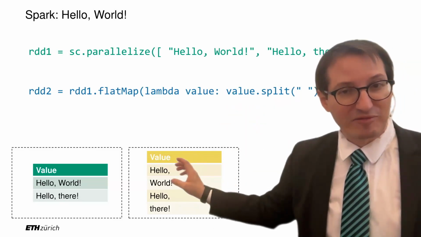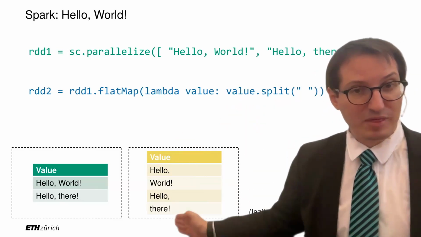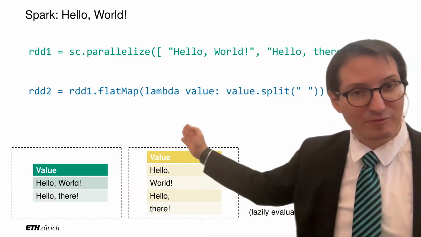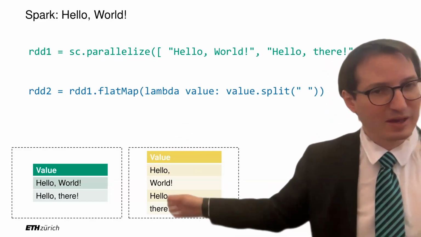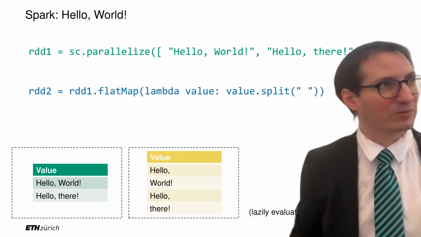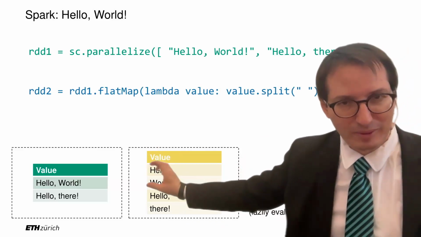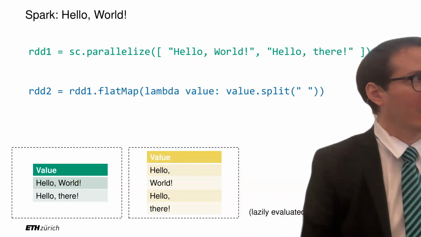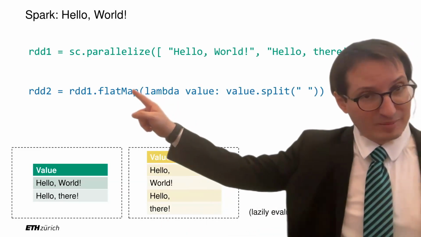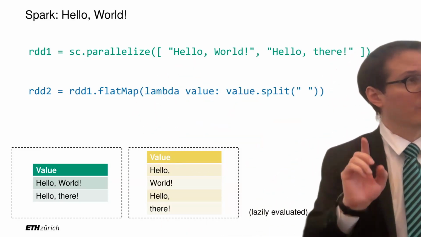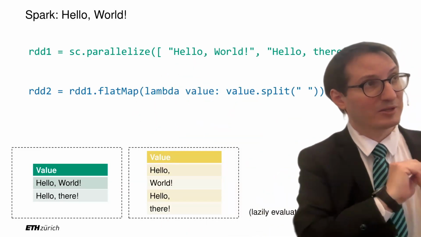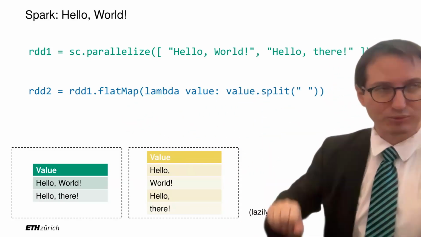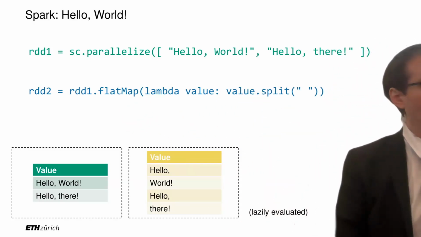And we call it flat map because then it flattens everything again, right? Once you're here, you just have a flat list of 4 tokens and you forgot where they came from, right? So it's flat. You no longer remember that these 2 were together and these 2 were together. In fact, flat map exactly corresponds to the MapReduce map. This is basically like a MapReduce map. Okay, who is with me?